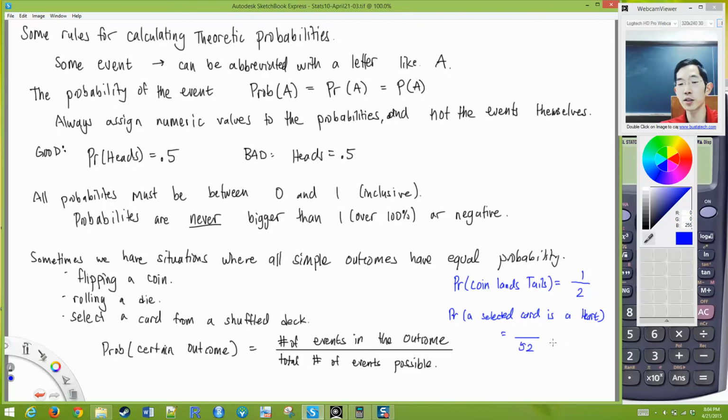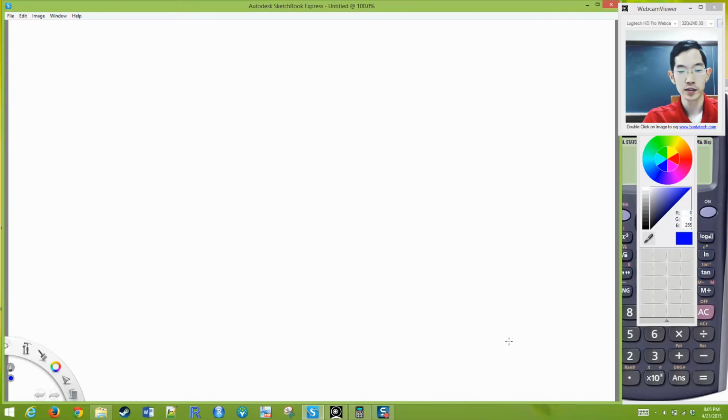How many cards are hearts? 13 hearts. Okay. So our probability is 13 out of 52, which simplifies to 1 out of 4. Okay. Is that okay? So that's the easy part.